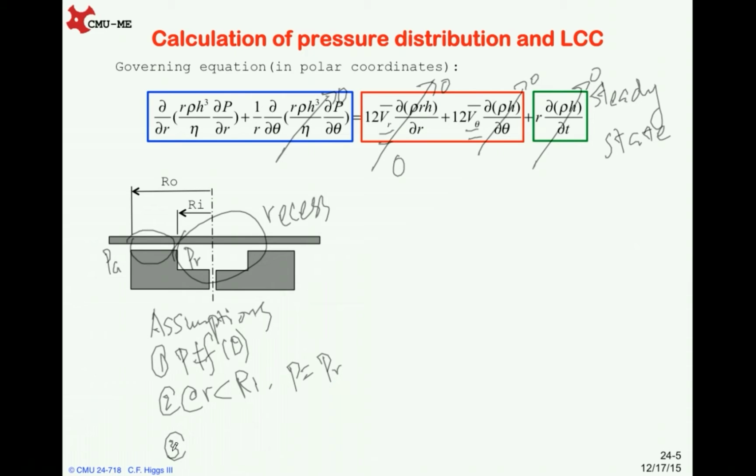And thirdly, we consider the fluid to be incompressible, so rho is a constant. So for now, the Reynolds equation can be reduced to this form.